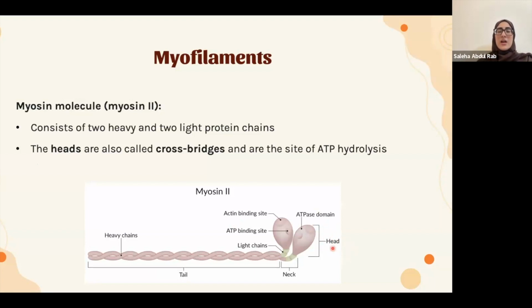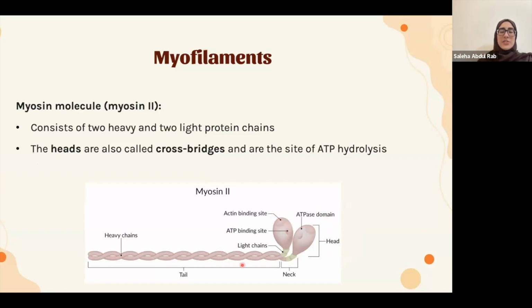These heads are called cross bridges, and they have an actin binding site and an ATP binding site. This is really important to keep in mind because we're going to look at how ATP is involved in this whole contraction process later. So this site at the head is where the ATP hydrolysis occurs.